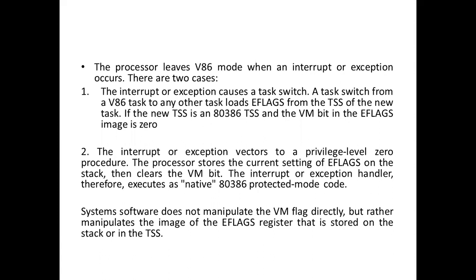Interrupts or exceptions may cause task switching, from V86 to any other task. It will maintain the values of EFLAGS. If it generates a new TSS, the VM bit maintained in EFLAGS is initially set to 0.